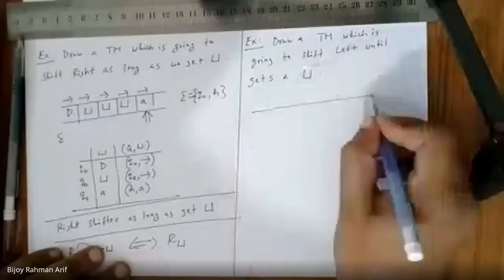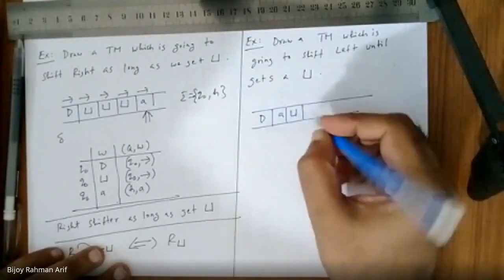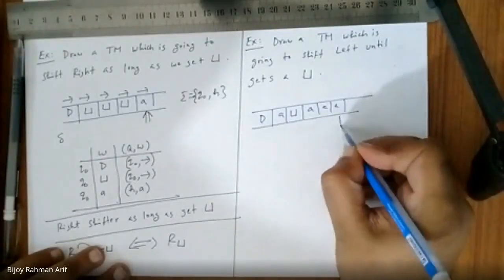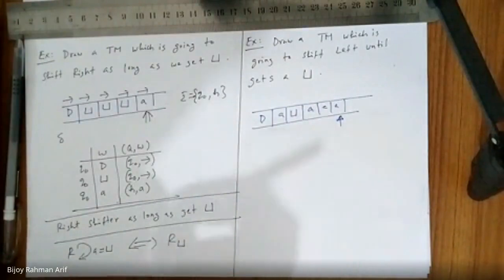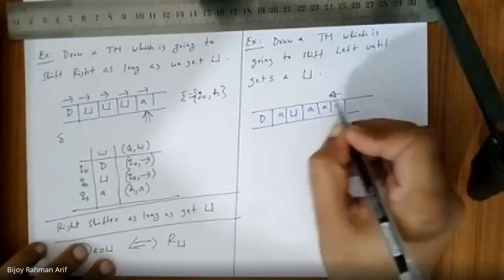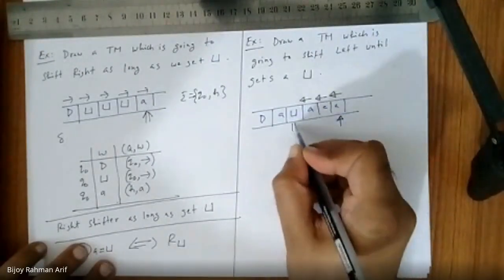Let's say I have a buffer like this. I have started from here. Then it is not blank. I move to left. It is not blank. Move to left. It is not blank. Move to left. Finally, I get a blank.